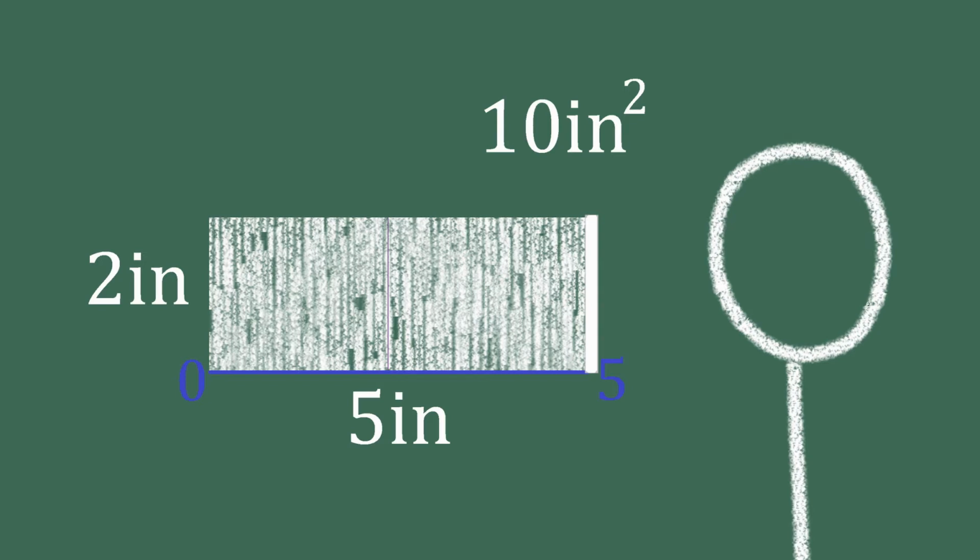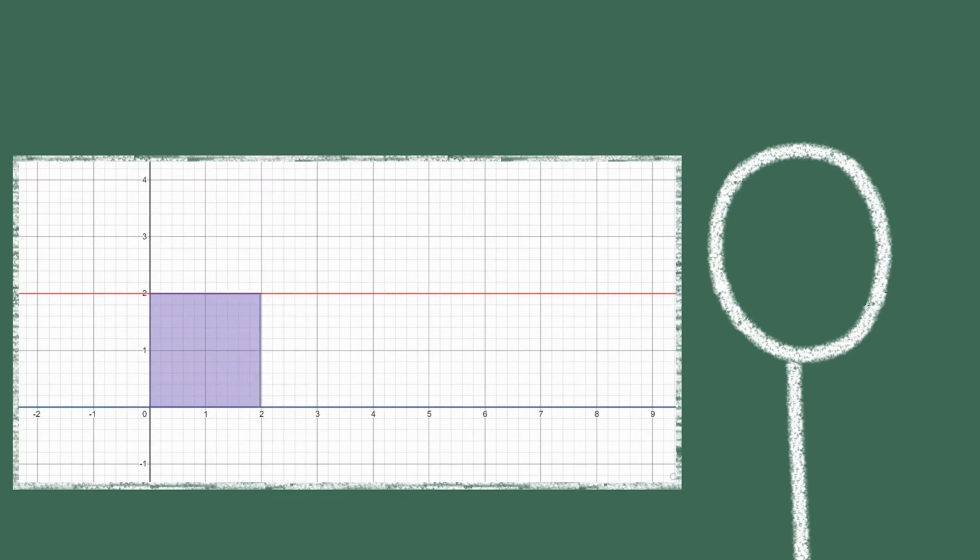But what was special here? Well, the length of the chalk was always 2 inches, so every infinitesimally thin chalk imprint had vertical length of 2 inches. What if the length of the chalk changed as we moved from left to right?